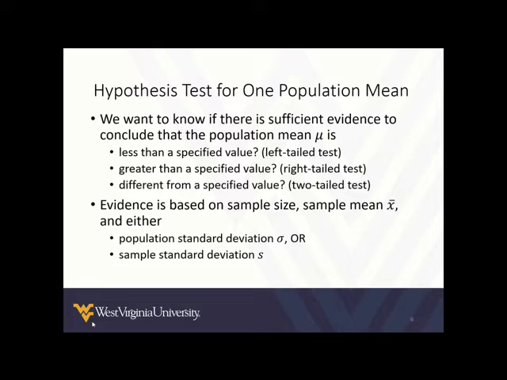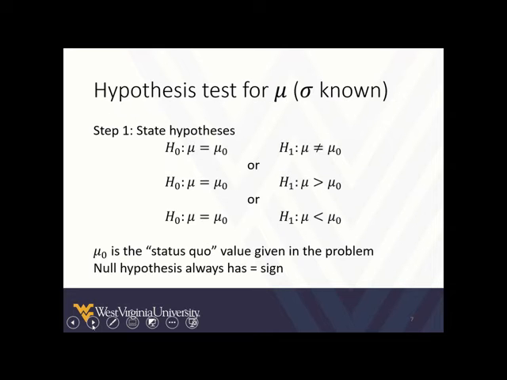And for us, our evidence is based on our sample size, sample mean, and either the population standard deviation sigma or the sample standard deviation s. The first part of this lecture focuses on when we have sigma. The second concept we will examine in this lecture is when we have our sample standard deviation.